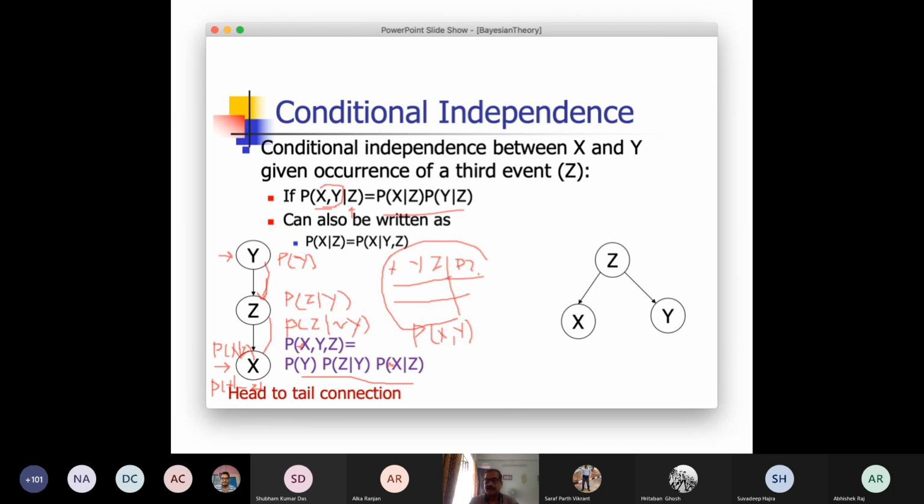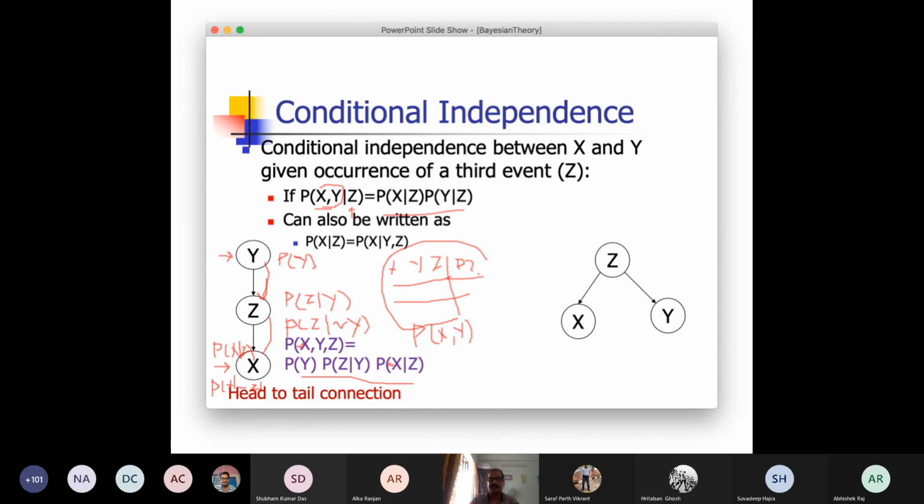There are methods exploiting this topology and the locality of computations for certain conditional dependencies, so you can reduce this computation. We won't discuss much on this part, but I'm giving you the motivations behind the representations and how they are used in the inference mechanism.